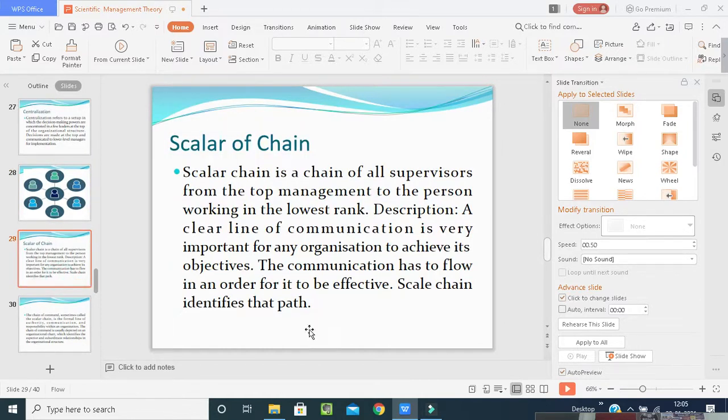Now, the next one is called scalar chain. It is a chain of all supervisors from top management to the person working in the lowest rank. A clear line of communication is very important for any organization to achieve its objectives. The communication has to flow in an order for it to be effective. Scalar chain identifies that path.